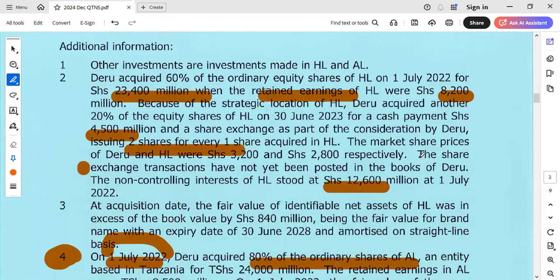If you have that way, automatically you must use the full goodwill method. Like now, here you have the NCI at acquisition. That alone will help you to use the full goodwill method. Okay, let me not expound more on that. Let's continue.